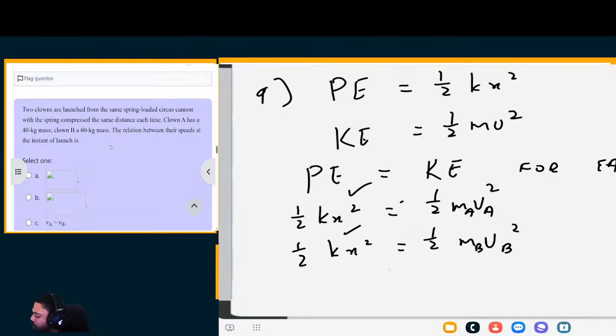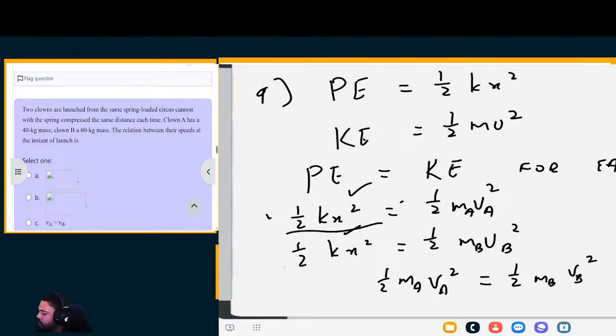So we can equate that a half m_A v_A squared is equal to a half m_B v_B squared, since it's the same spring being used by both of them, they will have exactly the same values for this part. If this one is 50, then this one will also be 50. And then we can equate their kinetic energies.